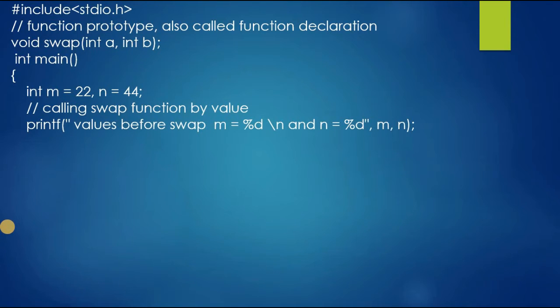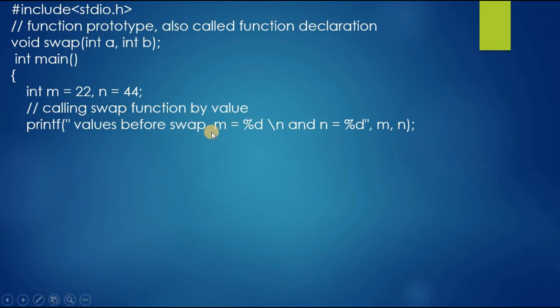Before that we have a printf statement. Inside that we have written values before swap: m is equal to %d and n is equal to %d, comma m comma n. We are writing a program to swap the numbers.